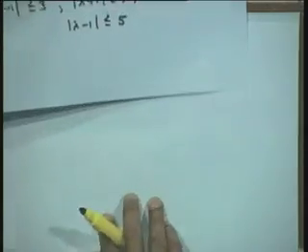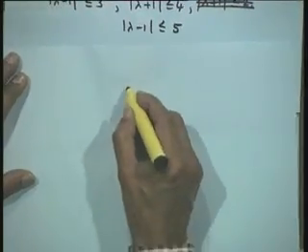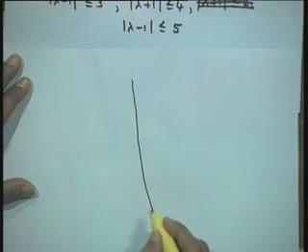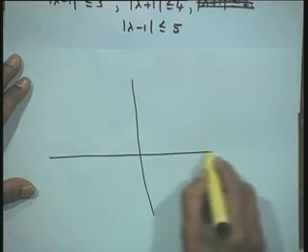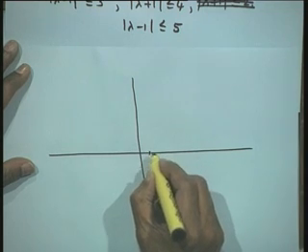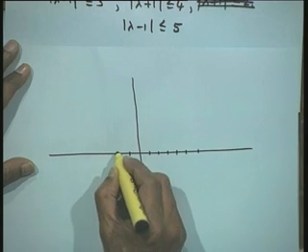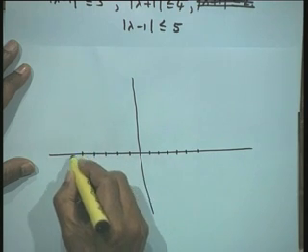Now, it would be interesting for us to look at how it is going to look. Let us draw a nice diagram. Let us make it very small, 1, 2, 3, 4, 5, 6 of them, 2, 3, 4, 5, 6.